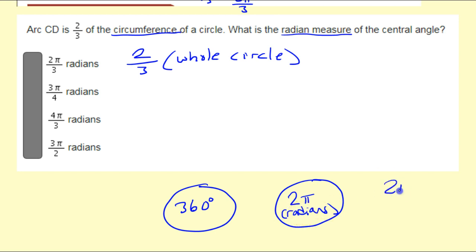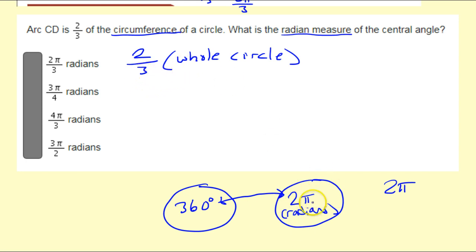But normally you just say 2 pi. There is no unit. Anyway, you need to understand that 360 degrees is the same thing as 2 pi radians. Both of these mean the angle measure of the entire circle.